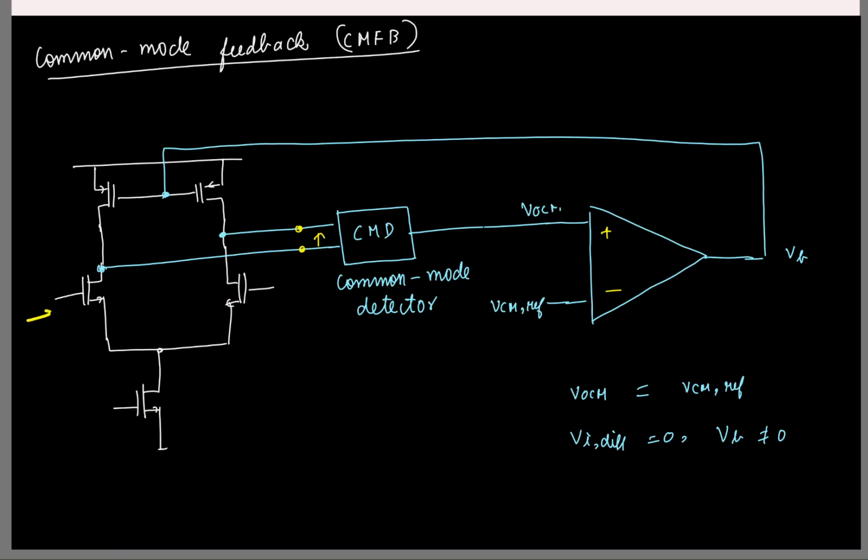You are thinking this should be the input, and that need not be the case, right? This is my differential signals, but what I am interested in is setting the output common mode. So which means these are the inputs for this loop.